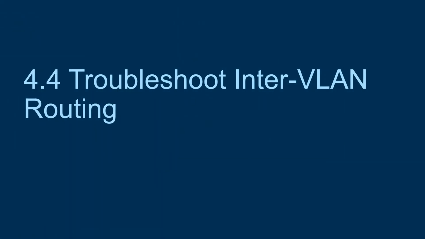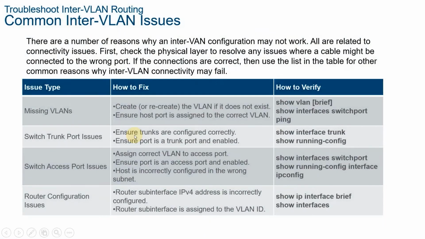Troubleshoot inter-VLAN routing. Common inter-VLAN issues. By now, you know that when you configure and verify, you must be able to troubleshoot. This topic discusses some common network problems associated with inter-VLAN routing.